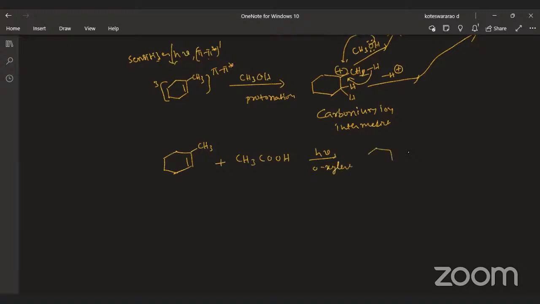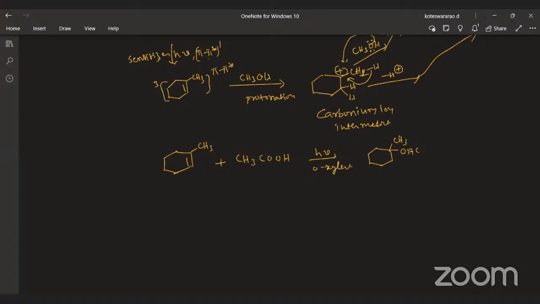Then an acylated product is generated, where acetic acid addition takes place. Similarly, we can choose two or three reactions are there in your group. You can use them.